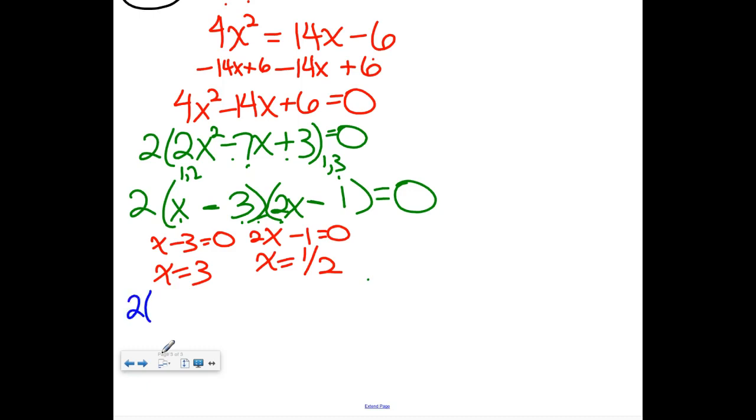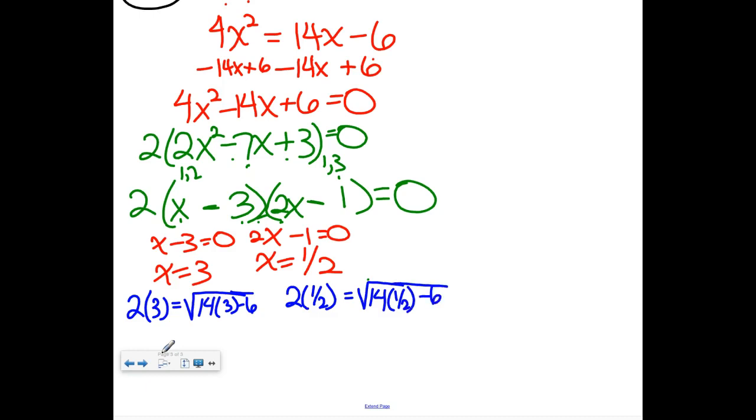So I'm replacing all my x's with 3 for this one. Reminder, your calculator can do a lot of the work for you. So as you guys complain about it, your calculator is doing most of the work. Okay, so in this one, we're putting in 1/2.